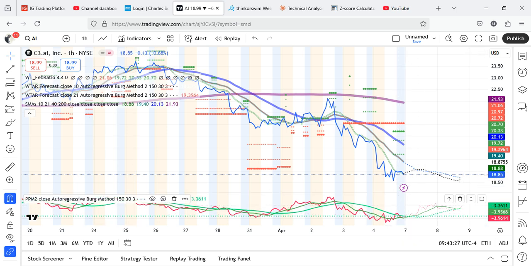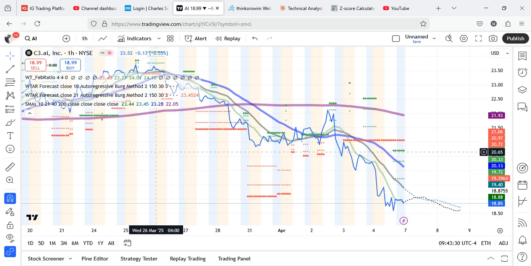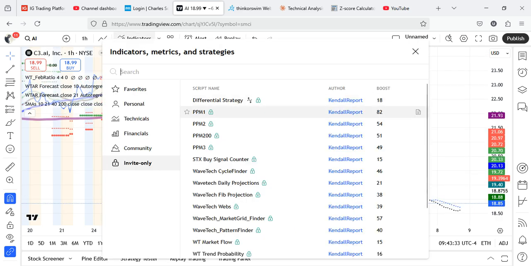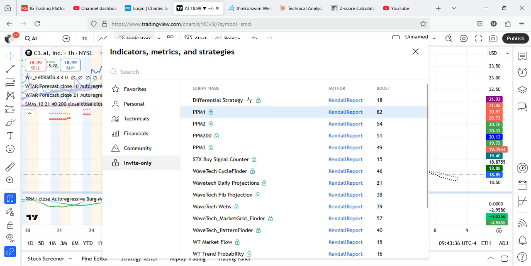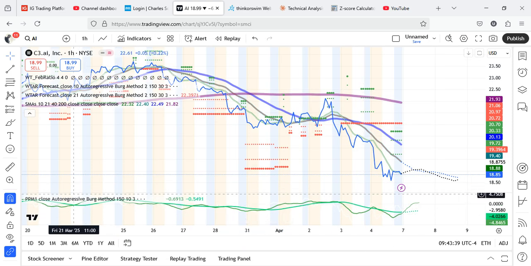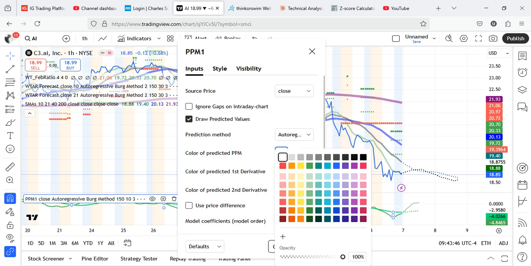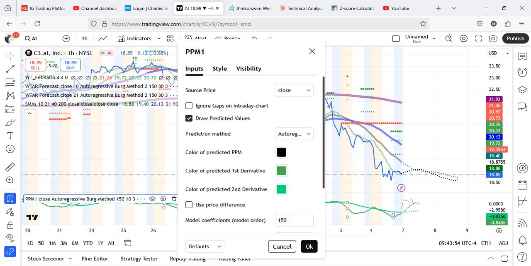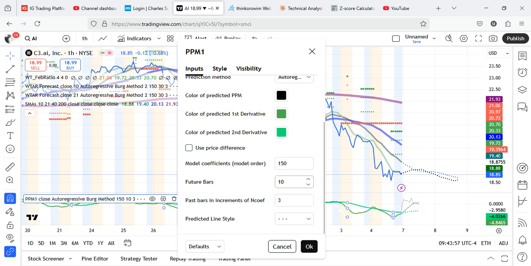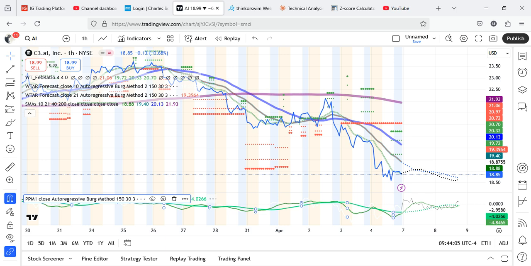So let's have a look at the 10 period moving average, the momentum indicator. Let me adjust future bars, make it 30.